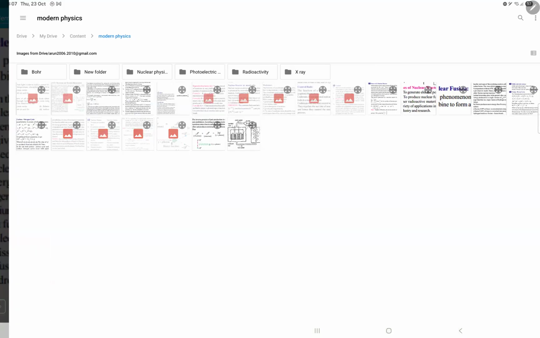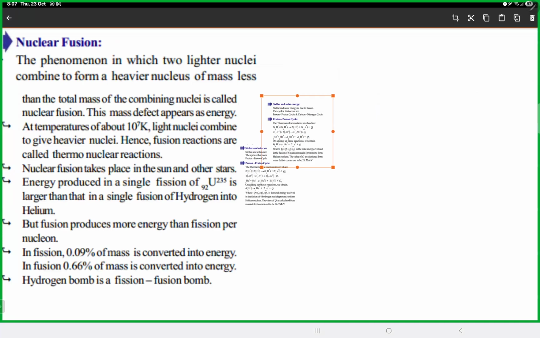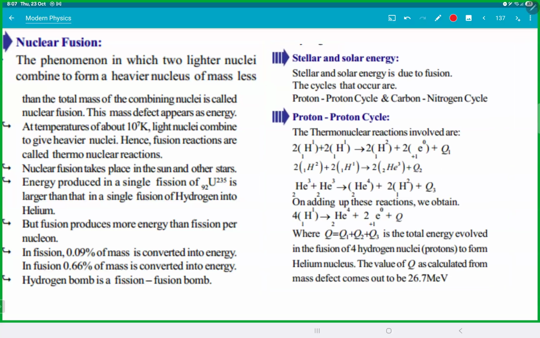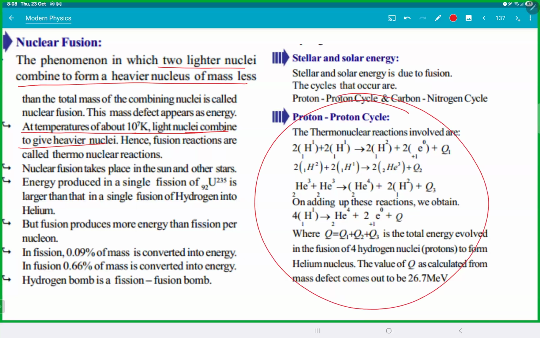Not much is asked on this. This is just for an example. So the only thing that you can remember here is the lighter nuclei will combine to form a heavier nucleus. This will generally occur at a temperature of 10 power 7 Kelvin. We are talking about a million and more. And generally, this is what happens inside the sun. Again, need not remember if they'll give you this reaction, but just for your idea there.